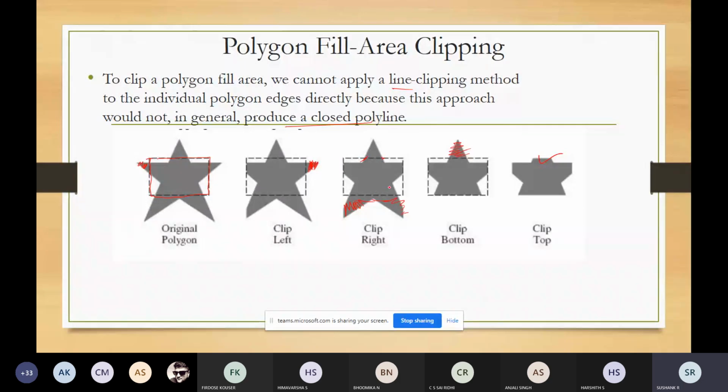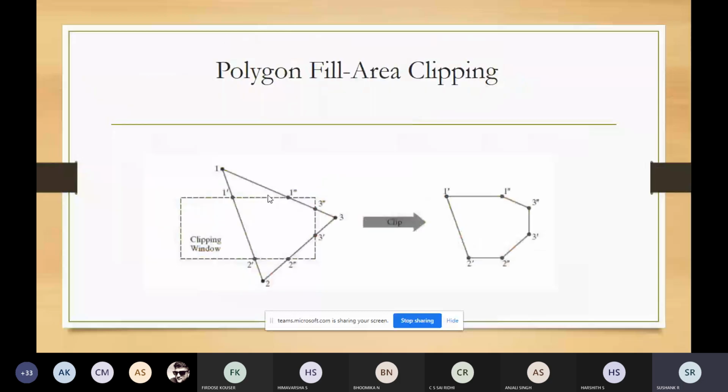You know that this polygon can be represented by the vertices, like the endpoints 1 2 3 4 5. So one way to implement this is shown here. Sometimes some part of the polygon will be inside and some part will be outside. So how to implement this is to create the new vertex list at each clipping boundary.